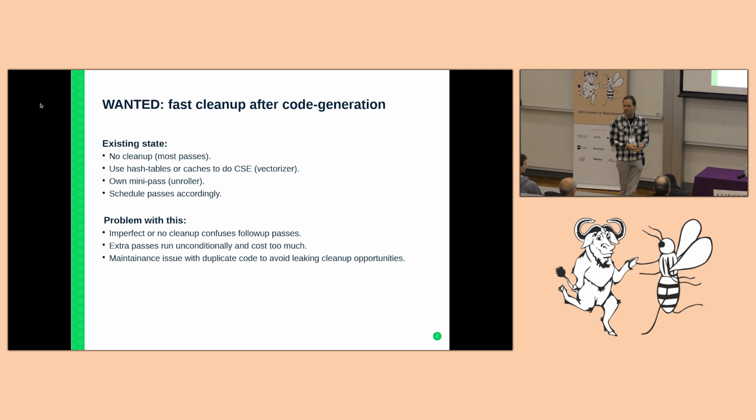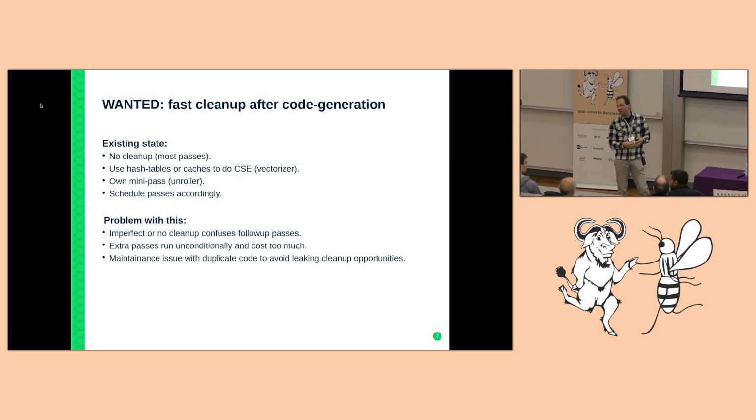There's a late DOM pass, but DOM is only so good at doing CSE of memory. And then, of course, there's always the idea, well, I just schedule another FRE and another DCE pass everywhere where possibly necessary, but that, of course, explodes compile time.